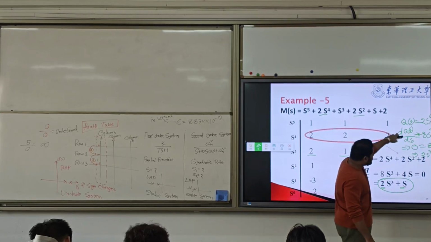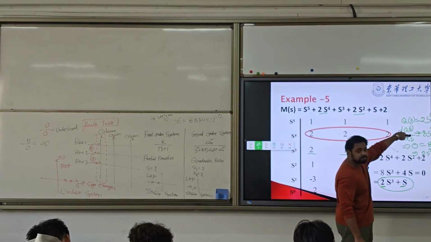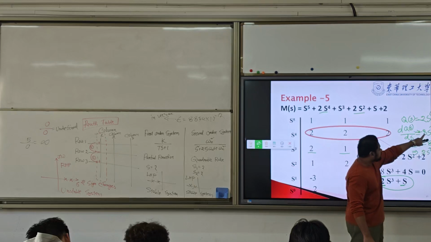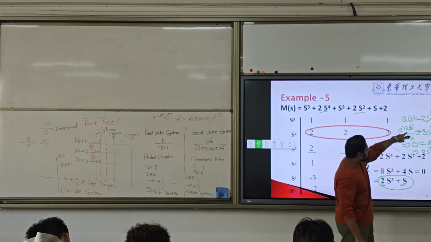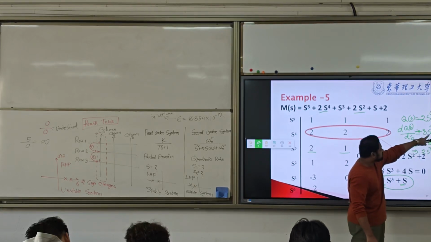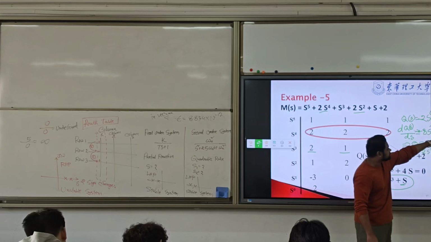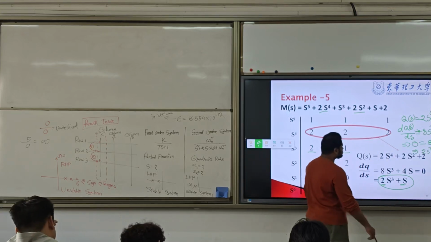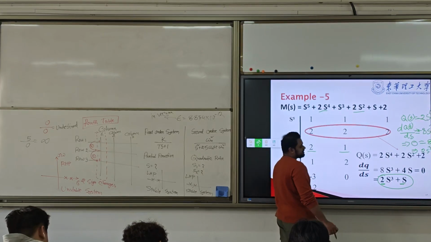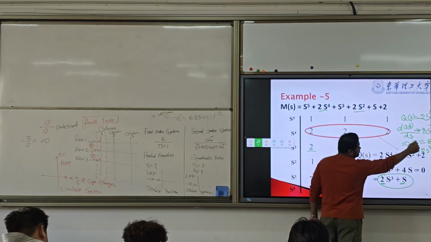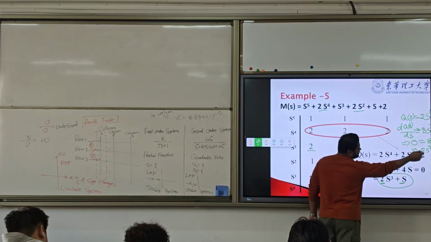Then we take the derivative of that equation, and we have 8s cubed plus 4s plus 0. And this equation dQ(s)/ds has to be 0. We already know that from our previous slide.